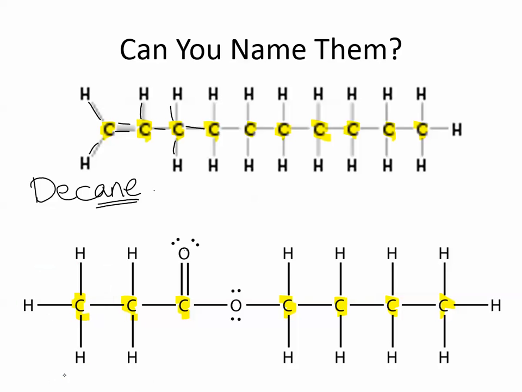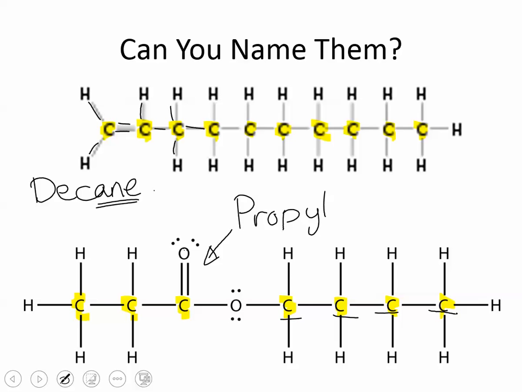So if I've got 3 carbons, what I should be picking up on is that I have prop, because I've got 3 carbons, and it's propyl. Okay, and then I've got the 4 carbons on this side, so it's but. And we're naming it, so it's butanoate. Okay, and that's an ester.